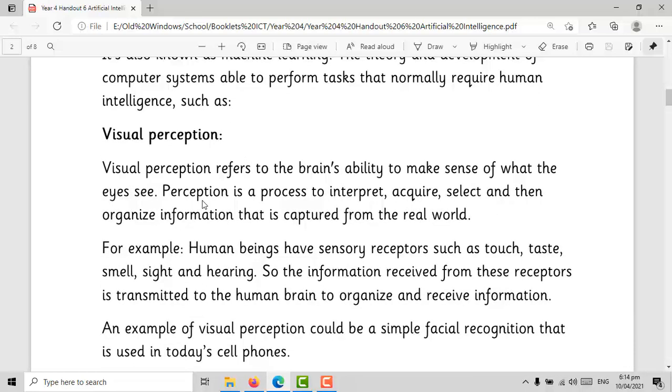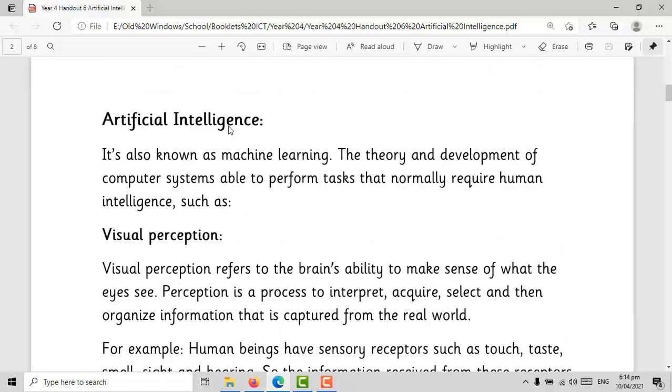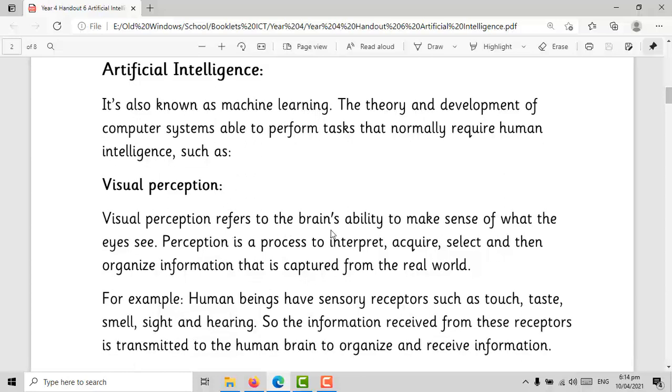One of the things that computers now do using artificial intelligence, the first one we studied about, was visual perception. Visual perception refers to the brain's ability to make sense of what the eyes see. Computers, however, do have visual perception, and it recognizes shapes, faces, pictures, and a lot of other things.